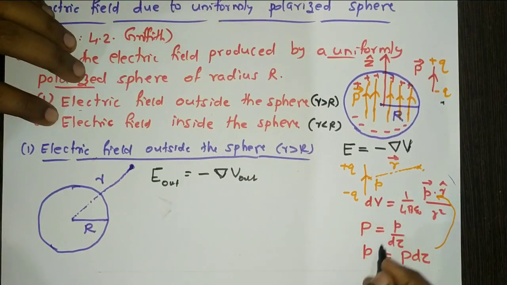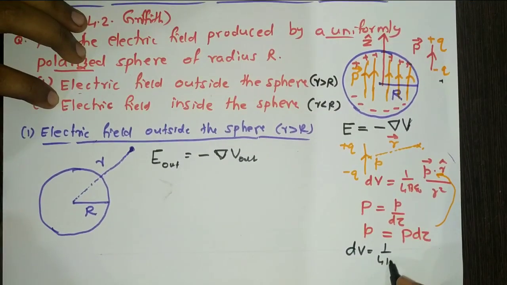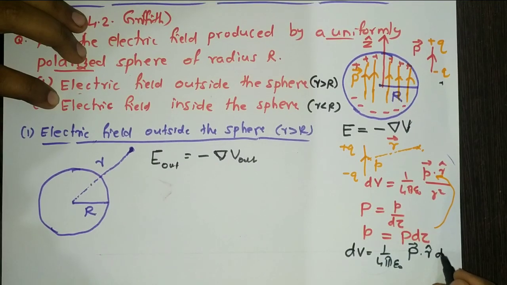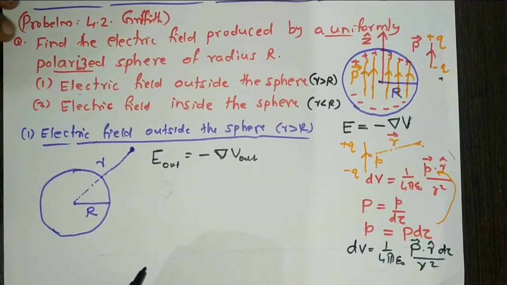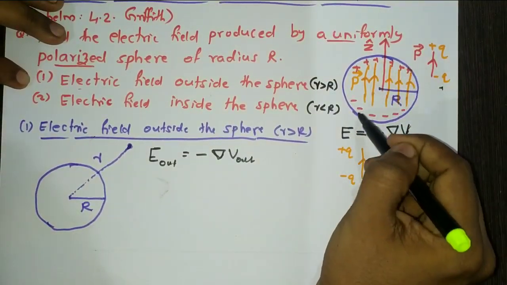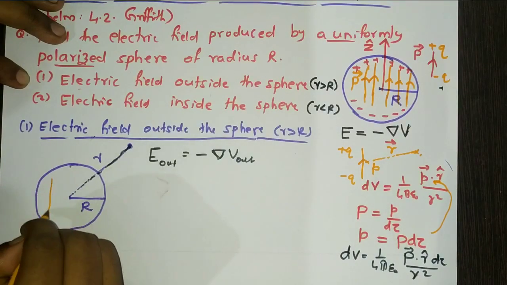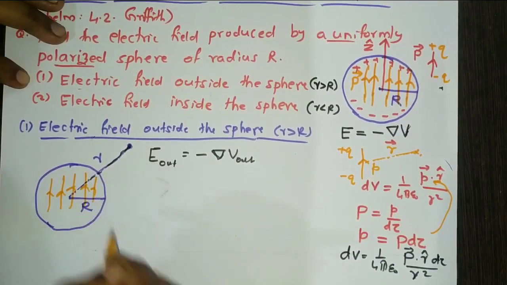Then this dV can be written as 1 by 4 pi epsilon 0, polarization P dot r cap, d tau divided by r square. Now, the electric potential at a point outside due to this whole polarized sphere can be easily found just by integrating this equation.